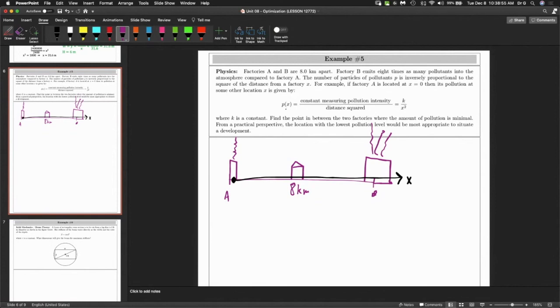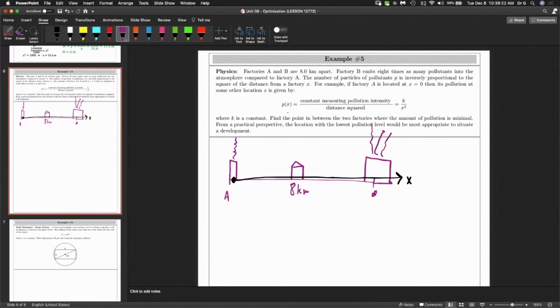So you can see here that the formula is given right here. The pollution concentration or amount as a function of x is given by k over x squared, because it's an inverse proportionality. As you saw earlier in the semester, we had inversely proportional to distance squared. I wouldn't explicitly ask you to create this formula because I would just give it to you like I have given it here.